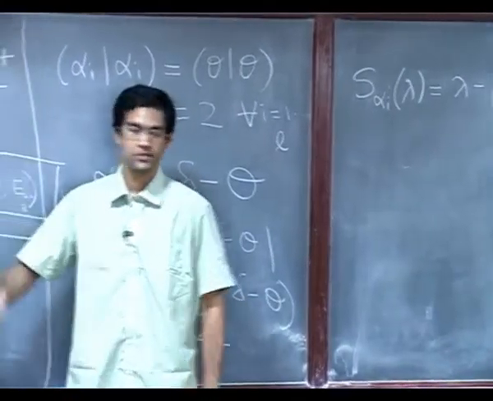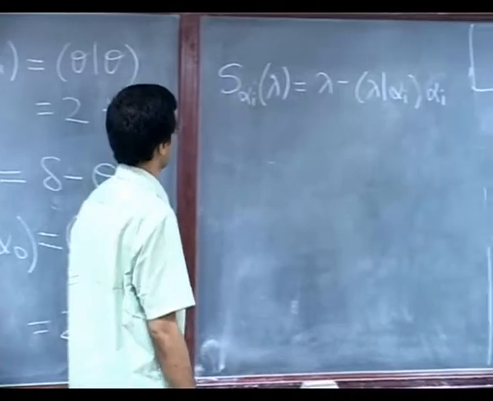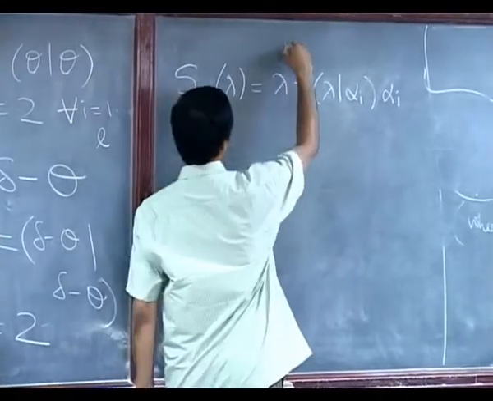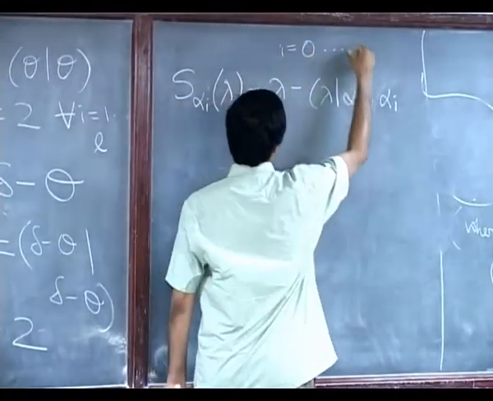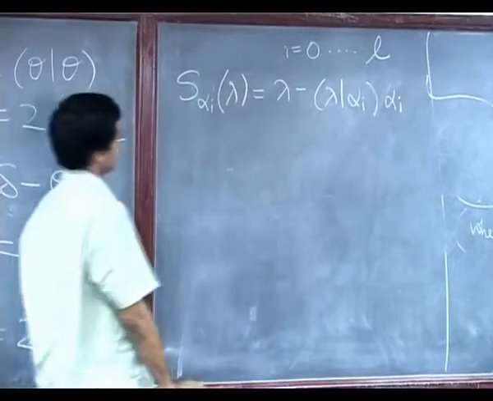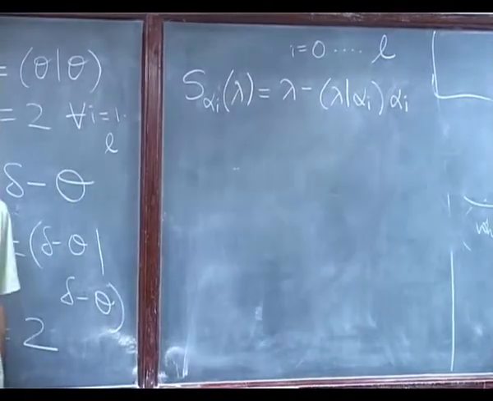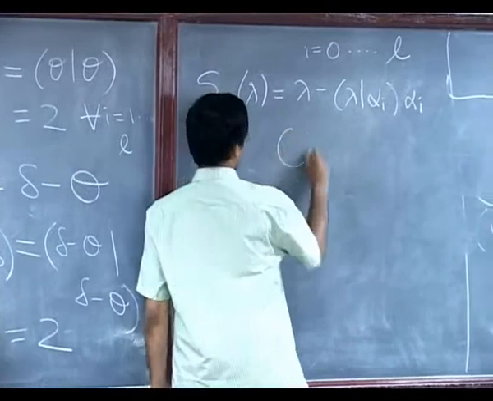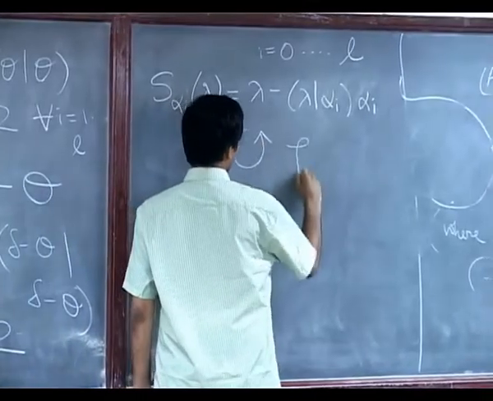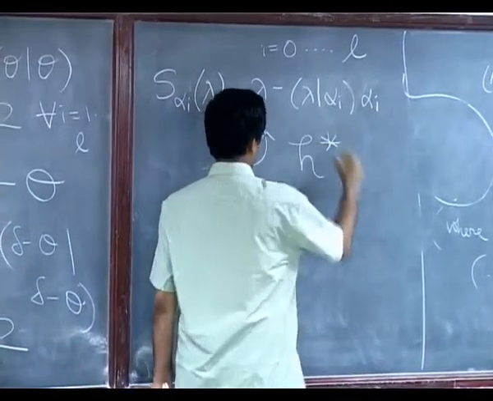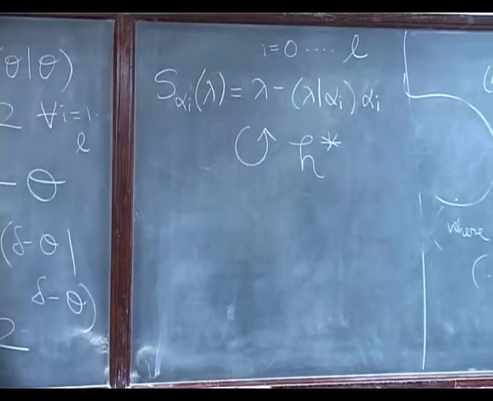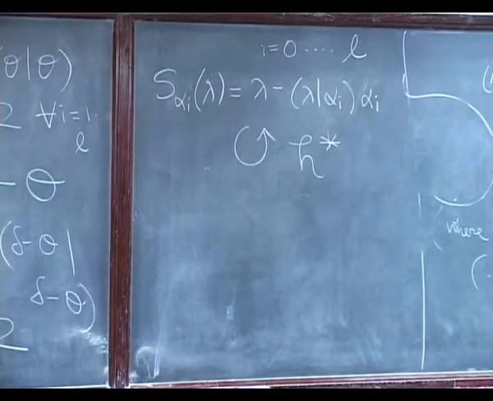So it just makes it slightly simpler to work with. That's now for all i including 0. And remember, I'm now thinking of it as acting on the entire space H star.